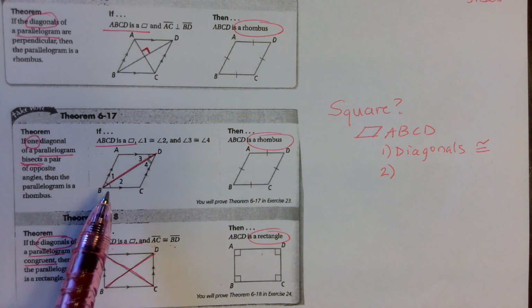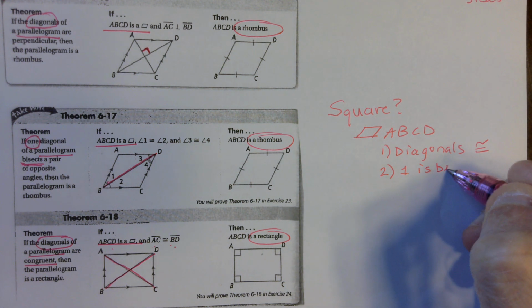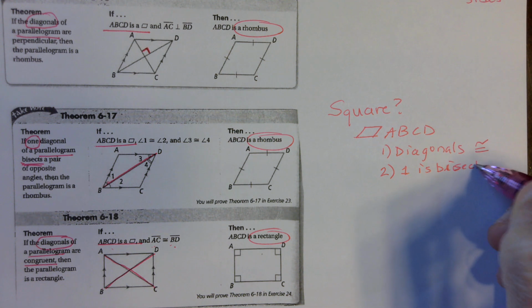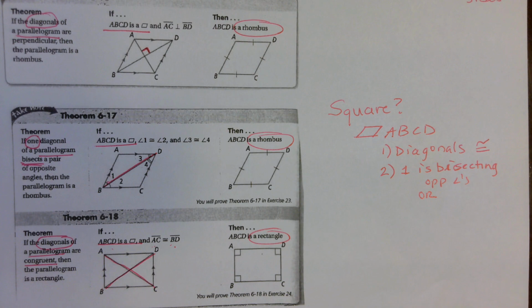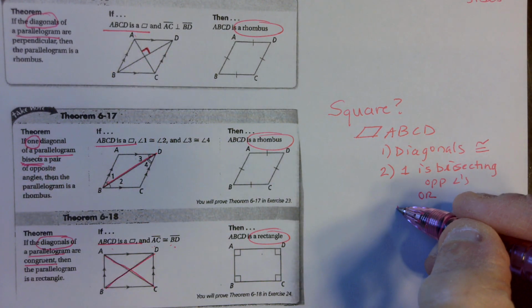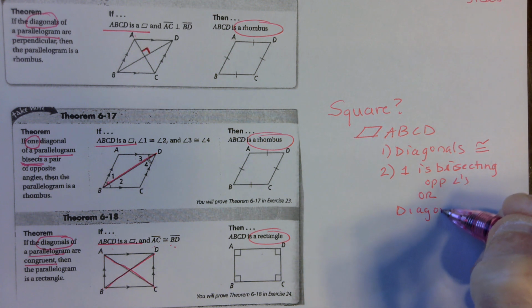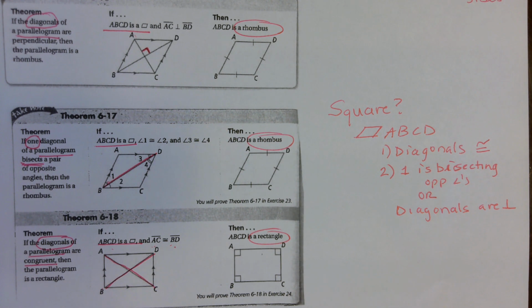So either one diagonal is bisecting opposite angles, or what was the other option up here? The diagonals are perpendicular. So if one of those 2 happens and the diagonals are congruent, you would then have a square because you have now completed both things. A rectangle and a rhombus together give you a square.